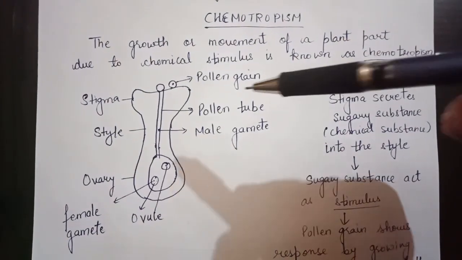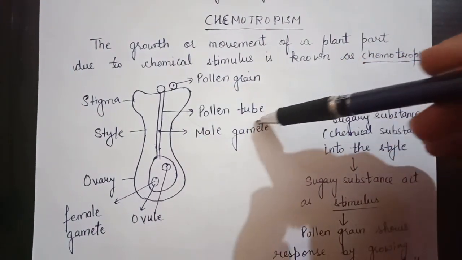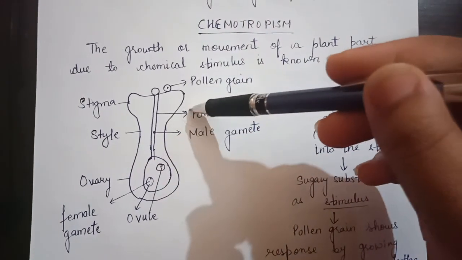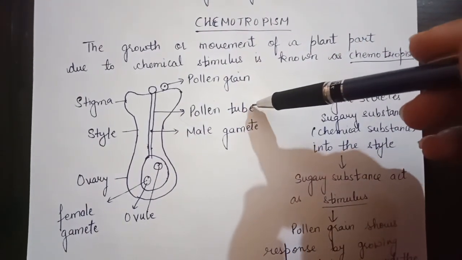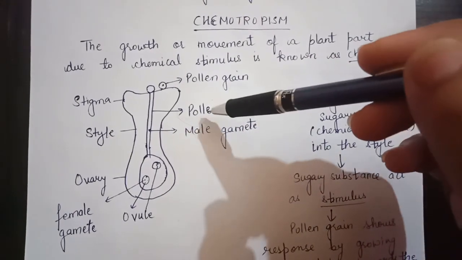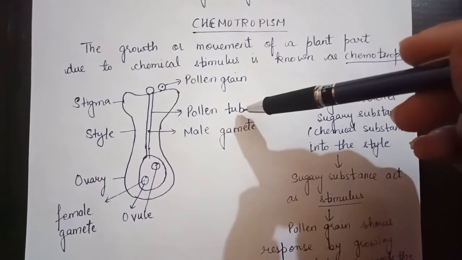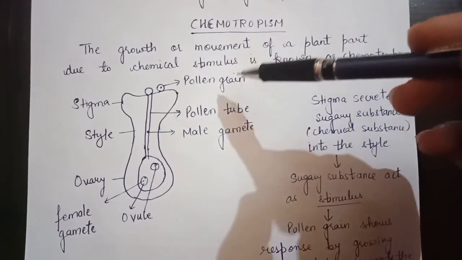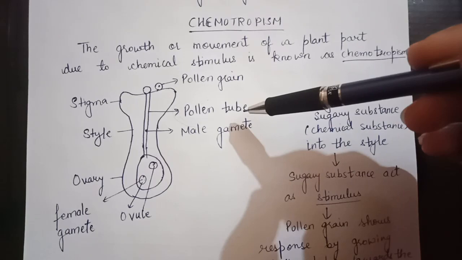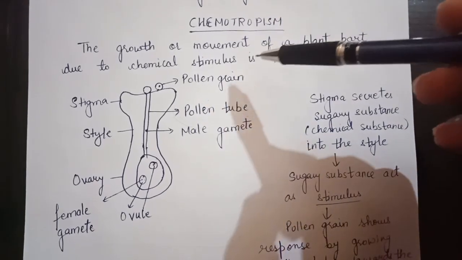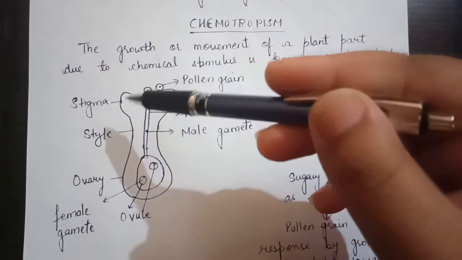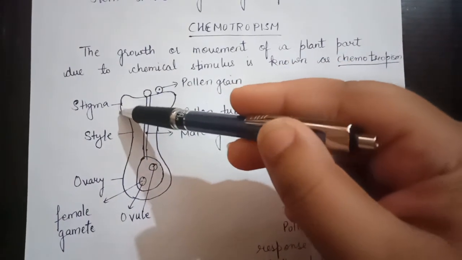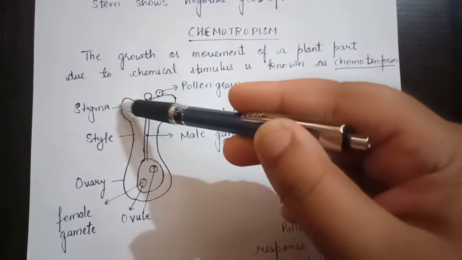Okay, now we have to discuss the pollen tube, and how the growth of the pollen tube occurs. The growth of a pollen tube is an example of chemotropism. Now how is the growth of the pollen tube an example of chemotropism? Let's have a look here. This region is known as the stigma.